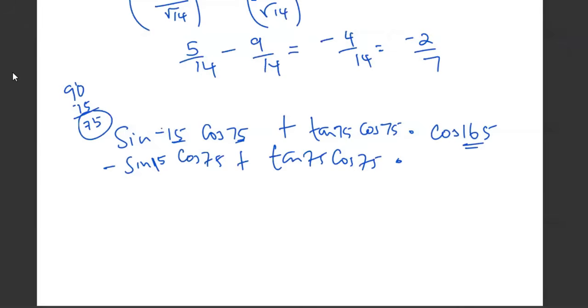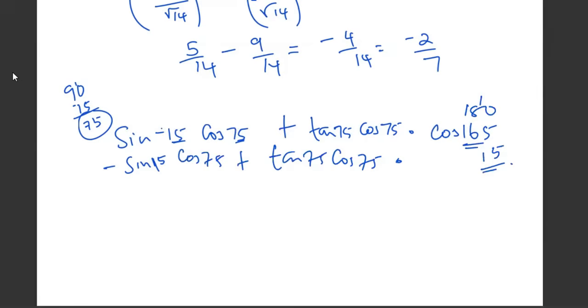That is in the second quadrant. Okay, if I subtract from 180, that's going to give me also a 15. Okay, so let's see how we approach this question.